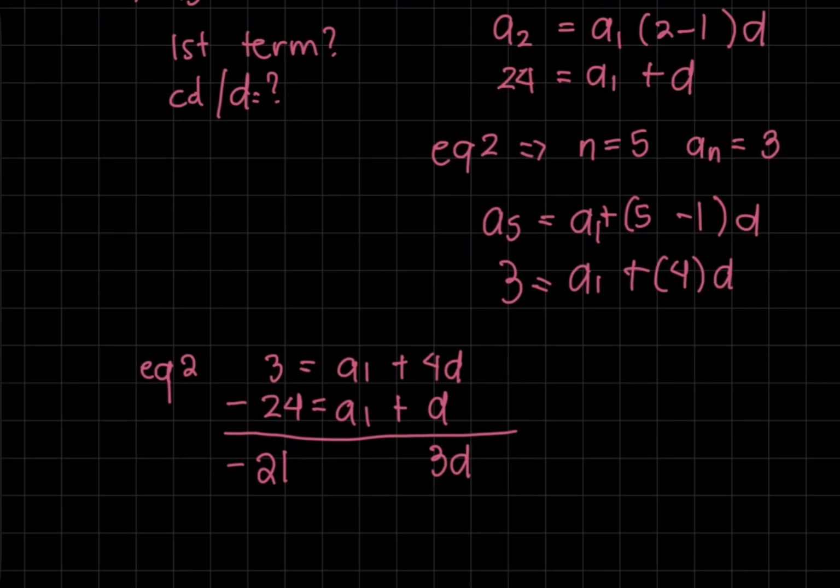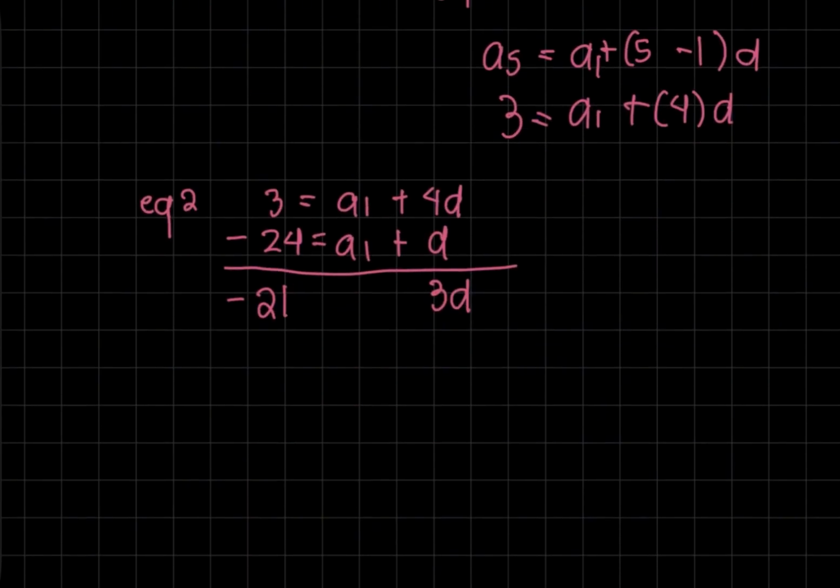Now we are going to find D. We have negative 21 equals 3D. So D is equal to negative 21 divided by 3, and then D equals -7.